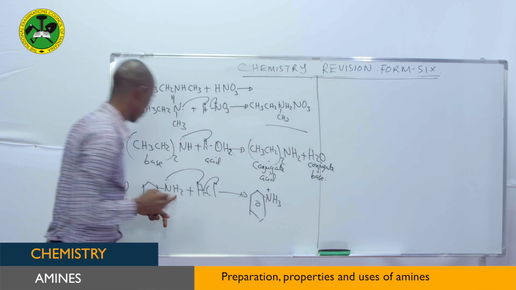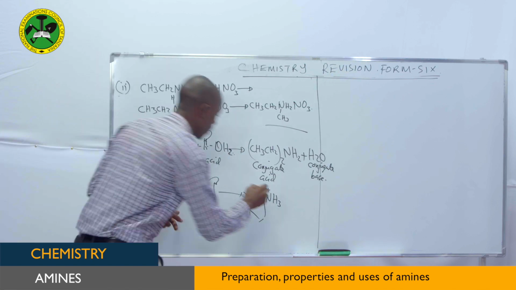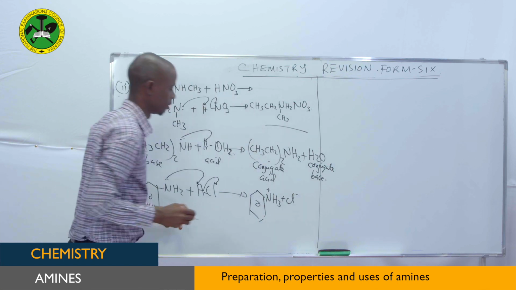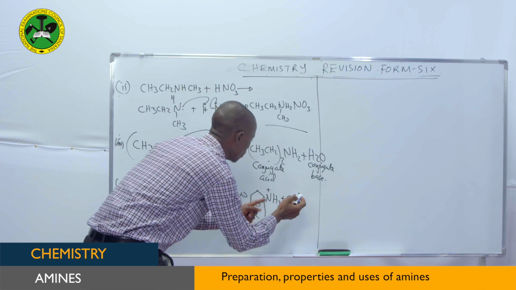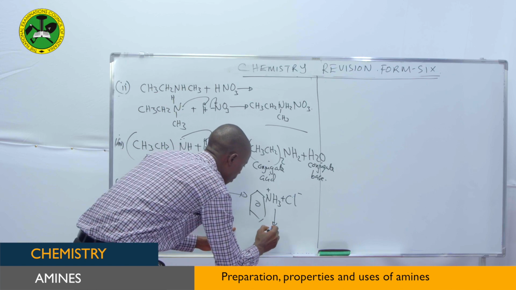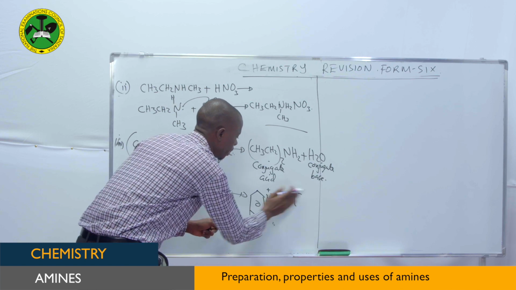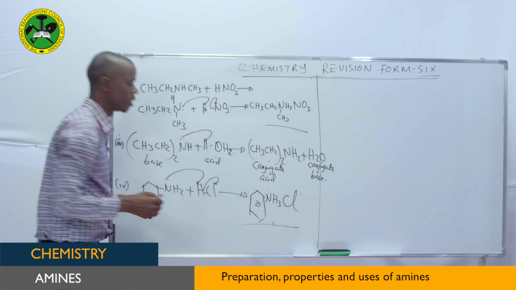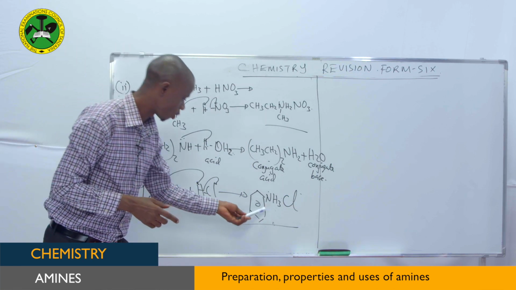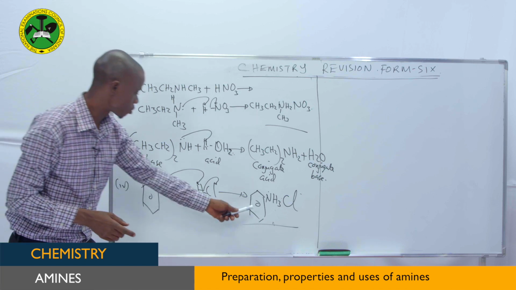But this nitrogen will be positively charged since it has lost its lone pair. And we have chloride there. So this chloride ion and this positive charge will make the compound, which you can write in this way. This is phenyl ammonium chloride, which is a soluble compound.